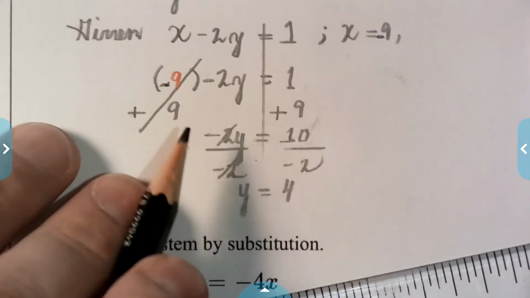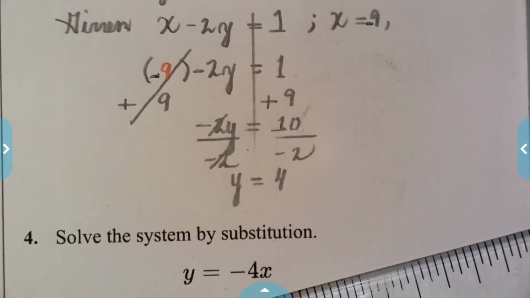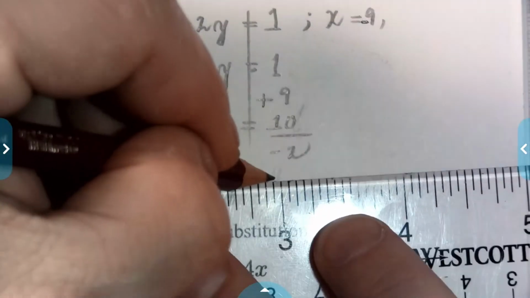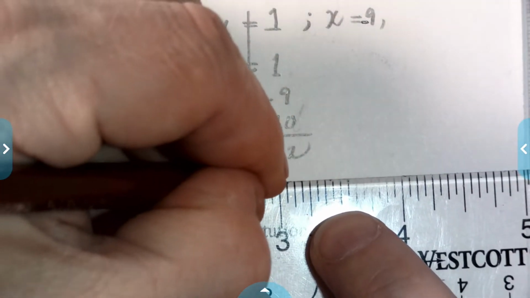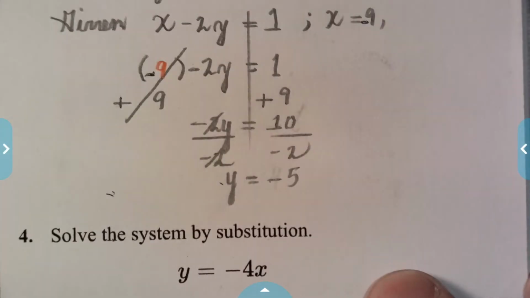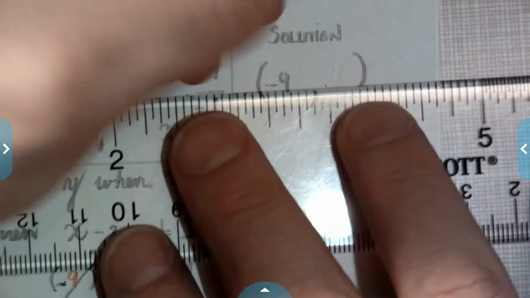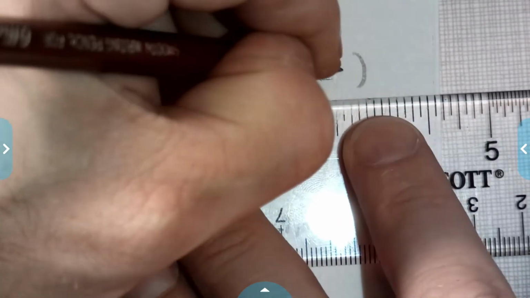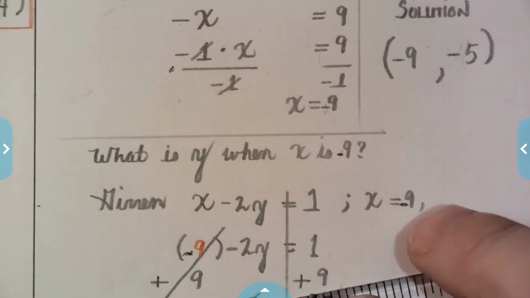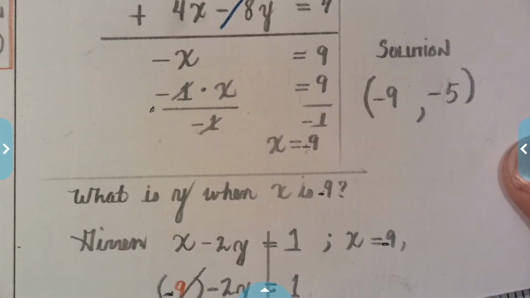So now 10 divided by negative 2 isn't 4, it's negative 5. Okay, so now our solution set is negative 9 comma negative 5. And I apologize for that. It was a typo or a righto, since I'm writing it. And let's check to make sure that's correct, since we obviously had a little error there. That's why we check, okay?